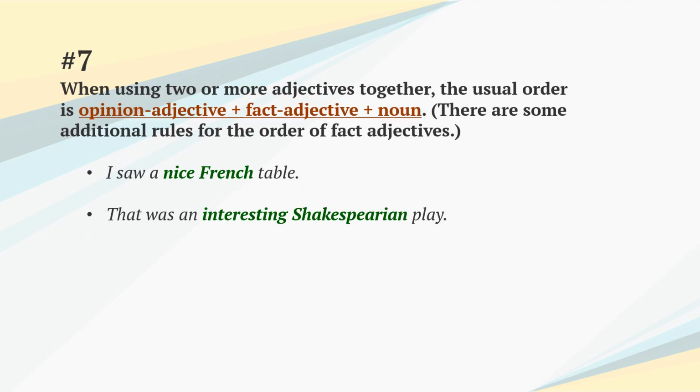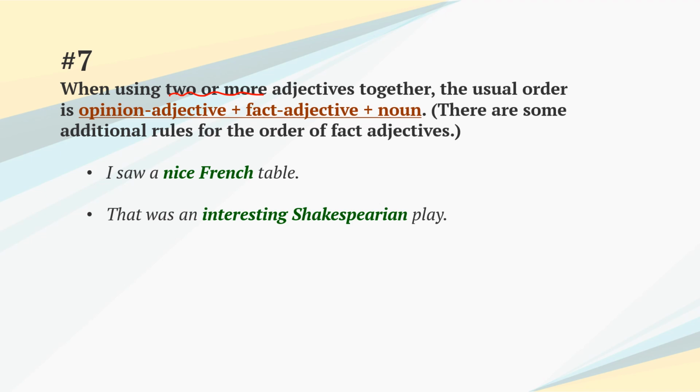Rule number 7. When using two or more adjectives together, the usual order is opinion adjective, fact adjective, and noun. There are some additional rules for the order of fact adjectives. I saw a nice French table.